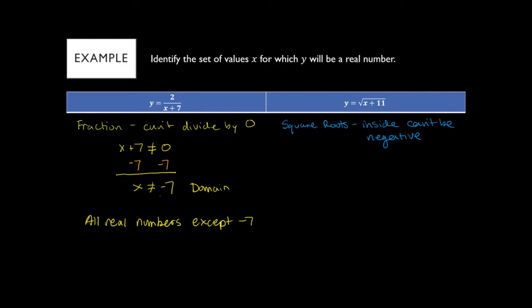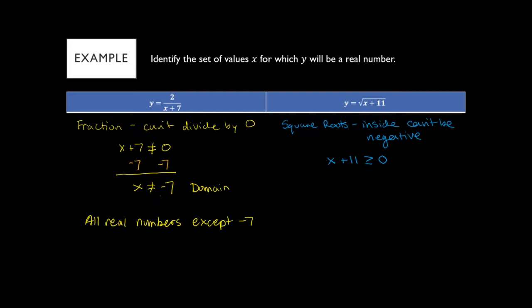So we indicate this by taking the inside, x plus 11, and saying it needs to be greater than or equal to 0. We can take the square root of 0, but we just can't have a negative. So I'm ending up with an inequality here.